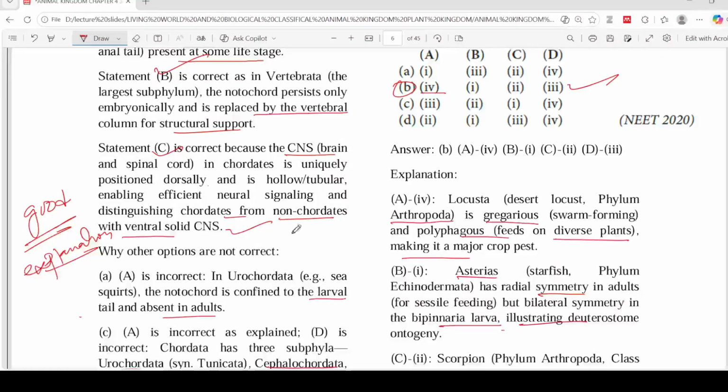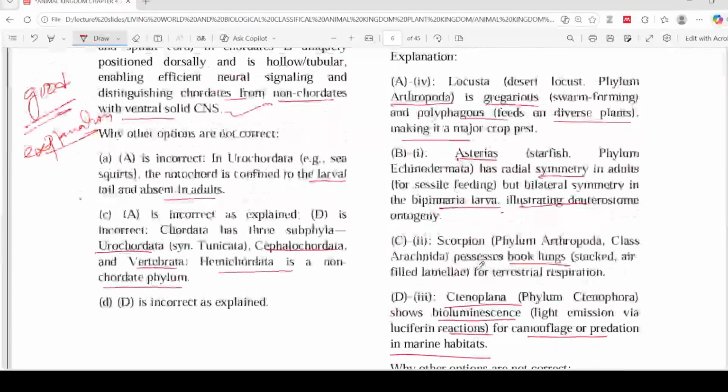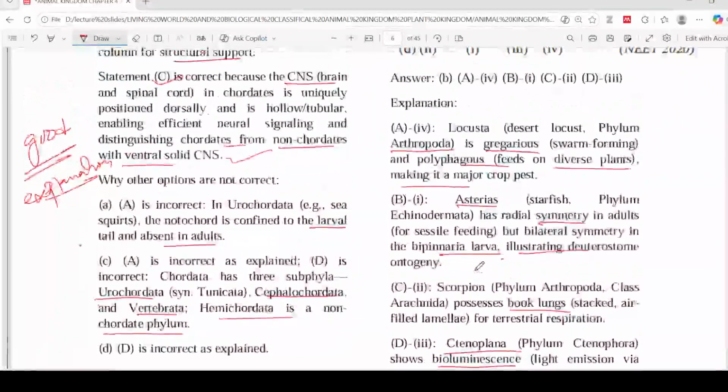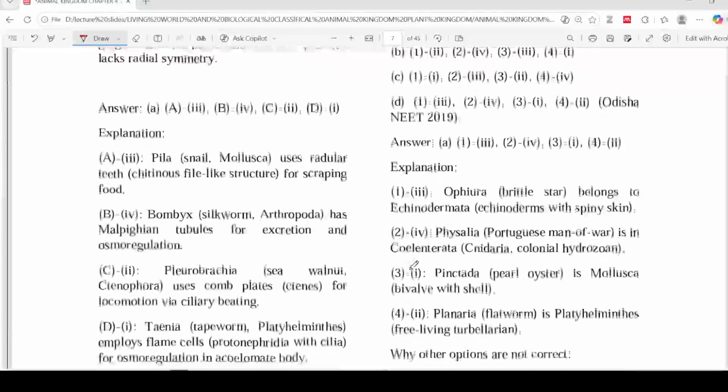Scorpion belongs to Arthropoda and possesses book lungs for respiration. And Ctenophora show bioluminescence, light emission via the luciferin reaction, for camouflage or predation in marine habitats. The other options mismatch, and I will not go into detailed explanation. So let's move to the next question.